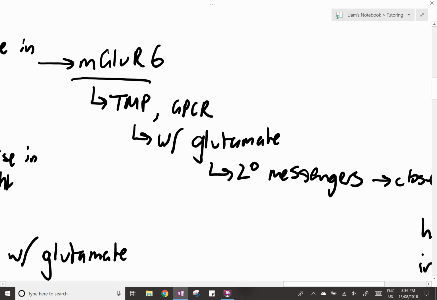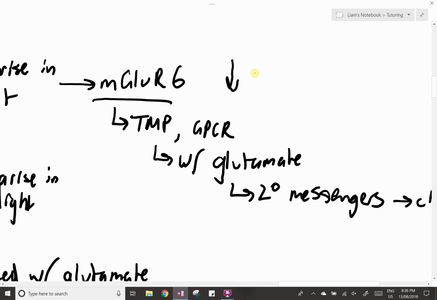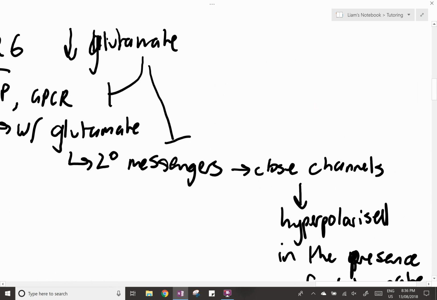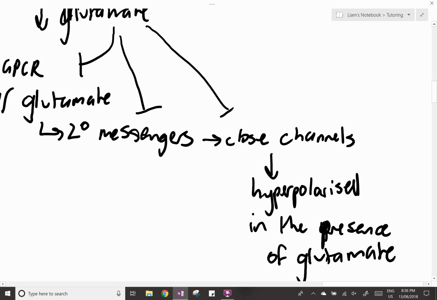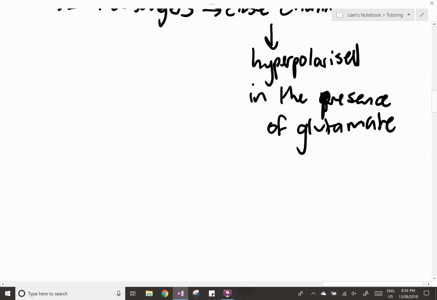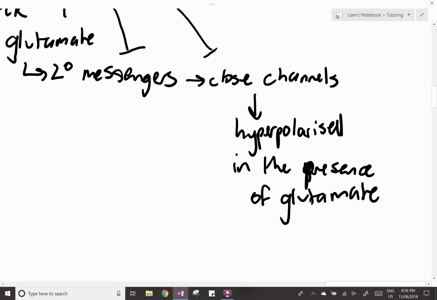So you get low glutamate, which then inhibits these processes essentially, and so if you inhibit a closed channel, what you're essentially doing is you're opening the channel, and so you get depolarization of that cell when light is present. The depolarized bipolar cells now signal onto the ganglion cell.